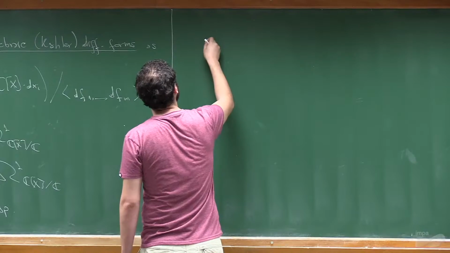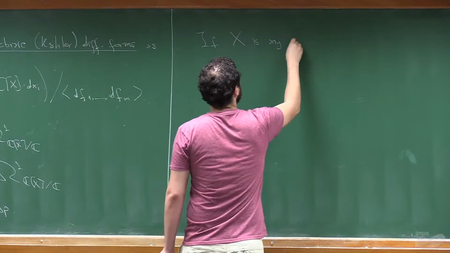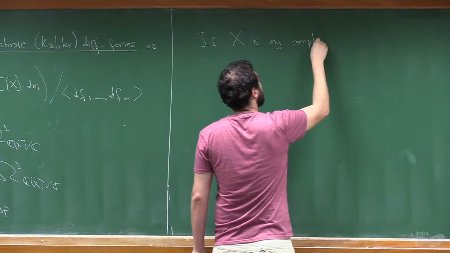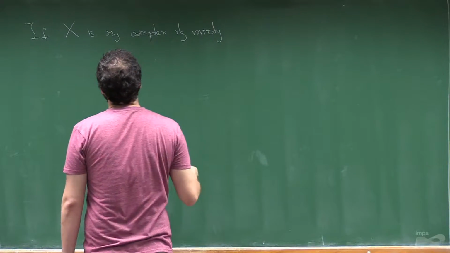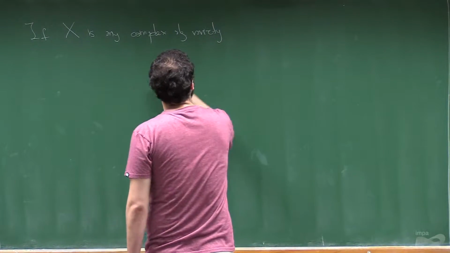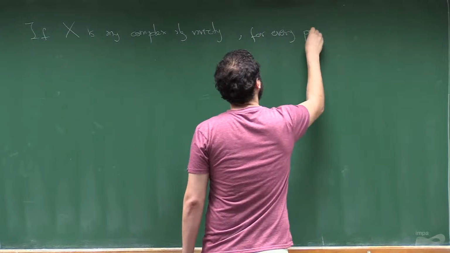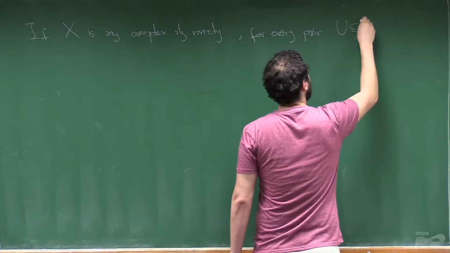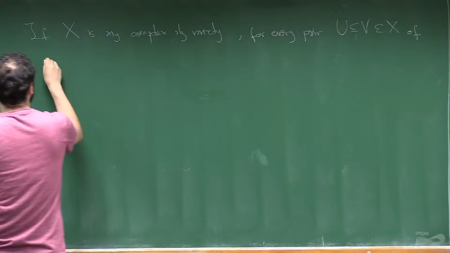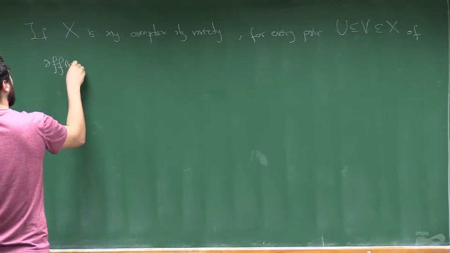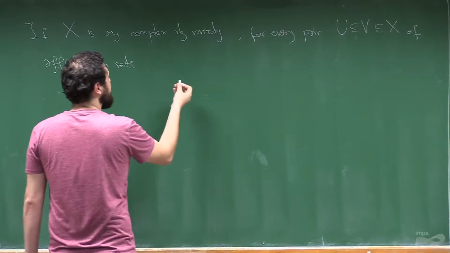So now if X is any complex algebraic variety, we have for every pair U contained in V, contained in X, of affine open sets, the natural restriction maps, right?